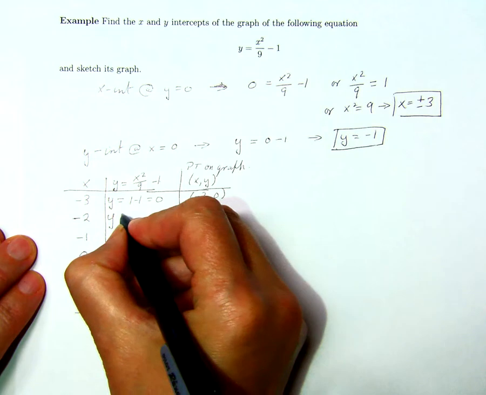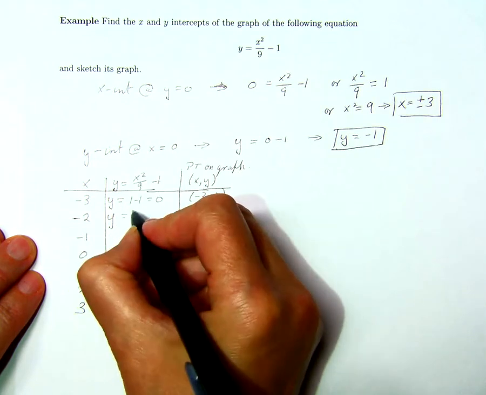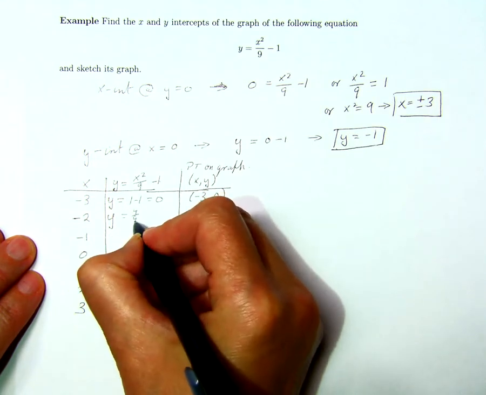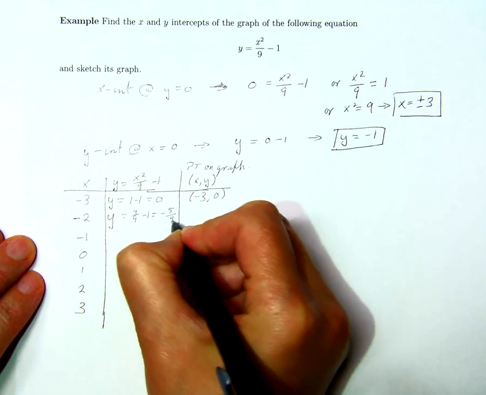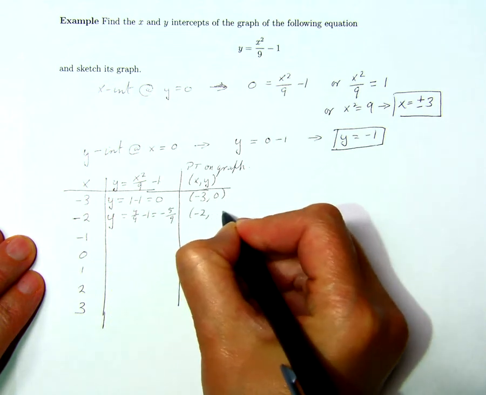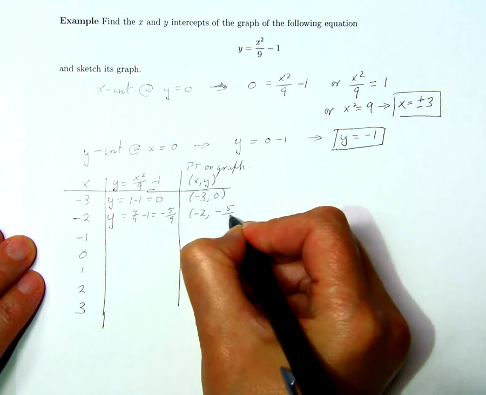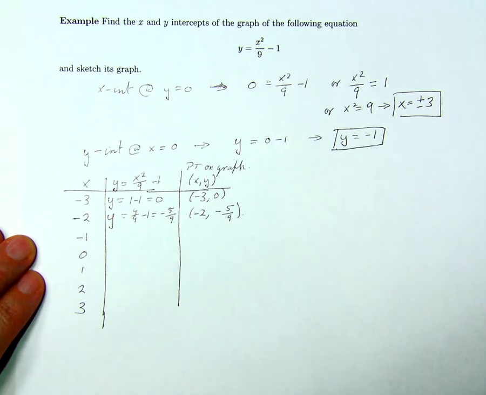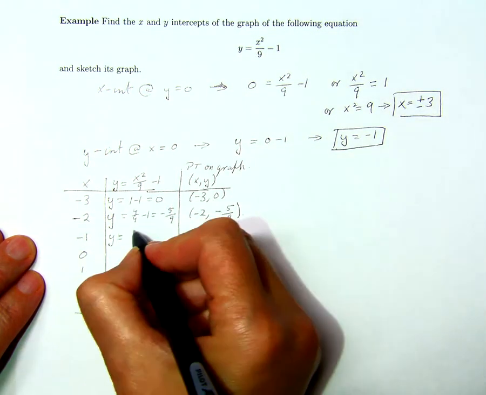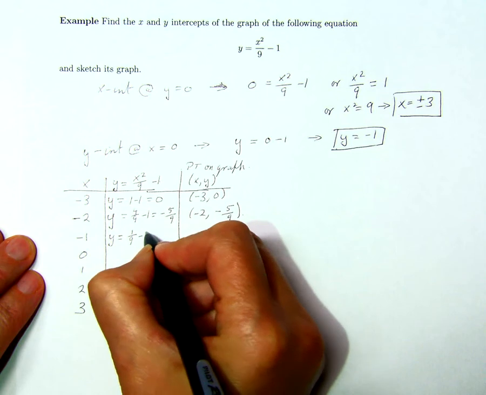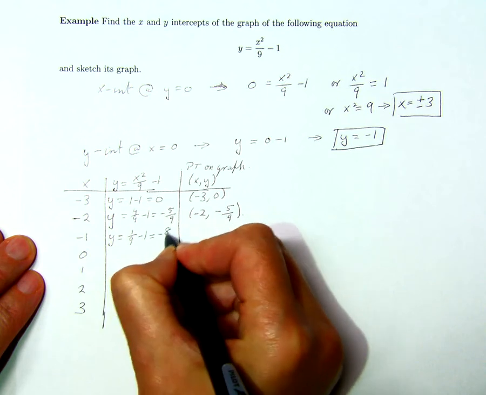When I plug in x equals negative 2, I get y equals 4 over 9 minus 1, which is minus 5 over 9. So the point negative 2, negative 5 over 9 is on the graph. When I plug in x equals negative 1, I get y equals 1 over 9 minus 1, which is minus 8 over 9.